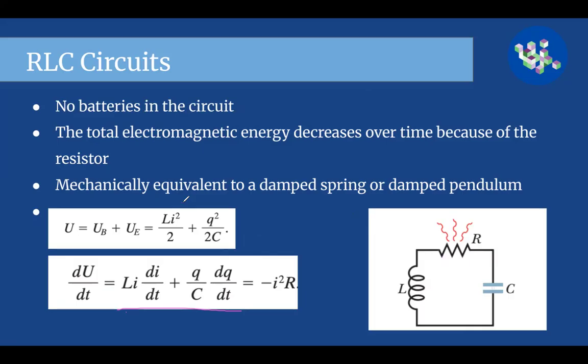Well, that's because we're just taking the derivative of the energy over time. So this is just like an energy equation that you can get when you're looking at an RLC circuit.